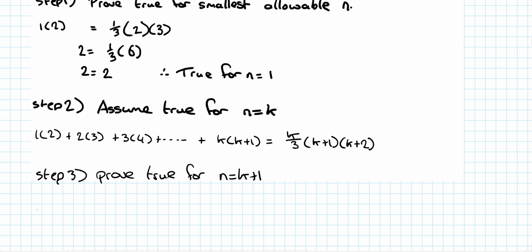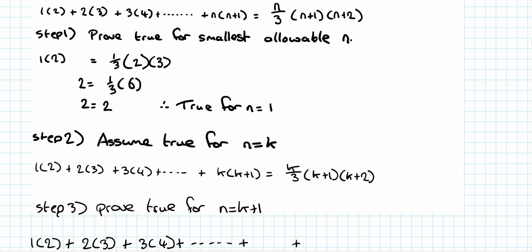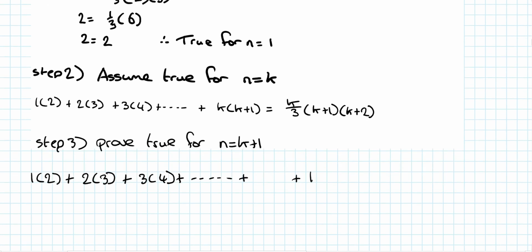So here we are going to write it out, and anywhere where there was an n, replace it with a k plus 1. And I'm going to leave a little gap here. This is k plus 1, and this is going to be k plus 1 plus 1, which is k plus 2.